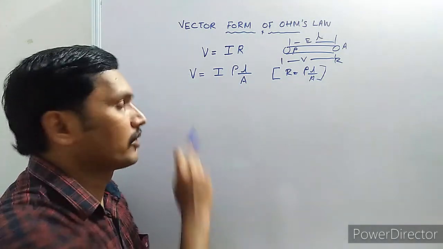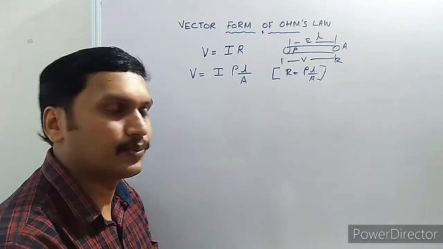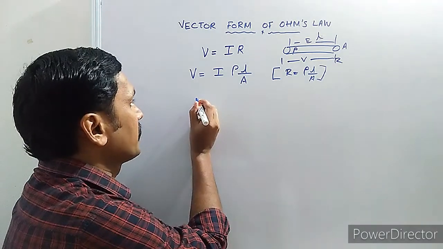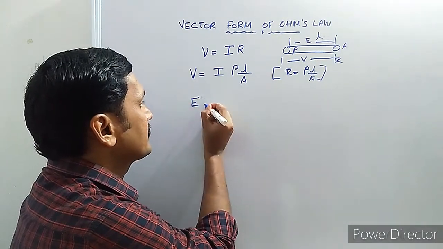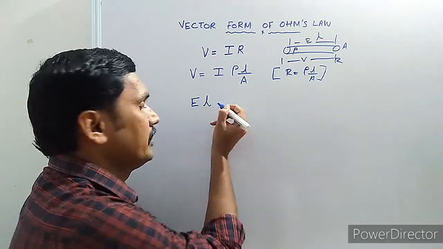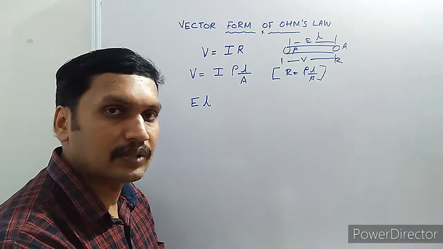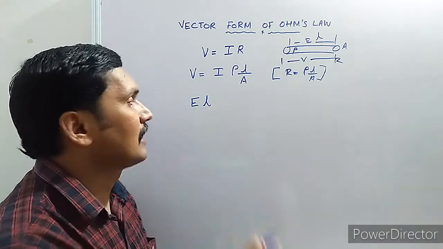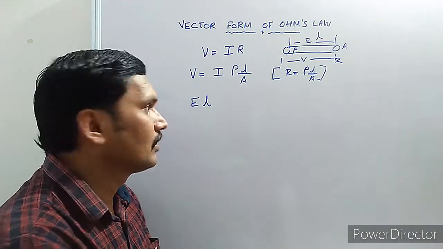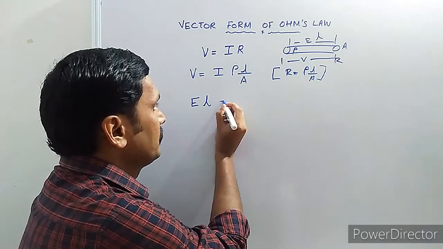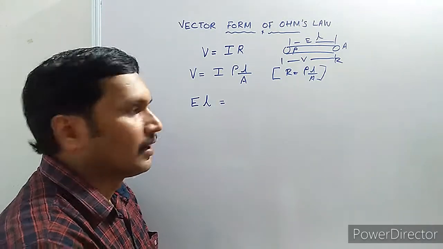We can write this potential difference as V is equal to E into L.